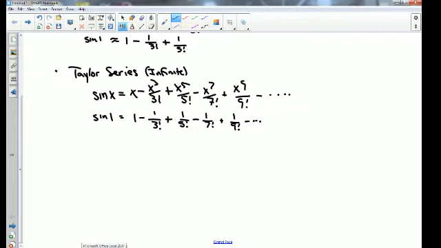Okay, is it converging? And how do we determine if it converges? That's the big thing right here. So what is it converging to? Probably the actual value of sin at 1, right?